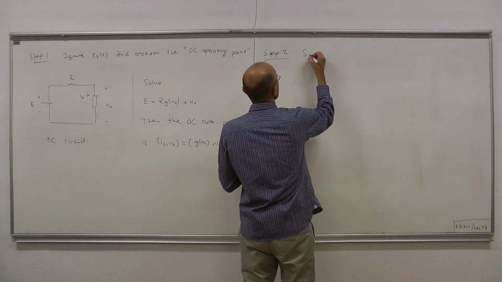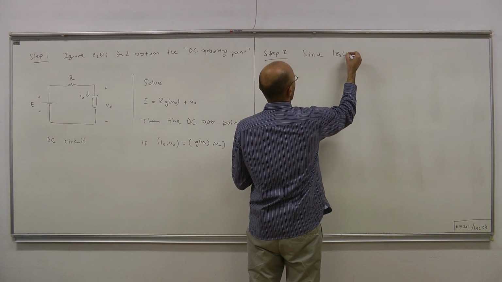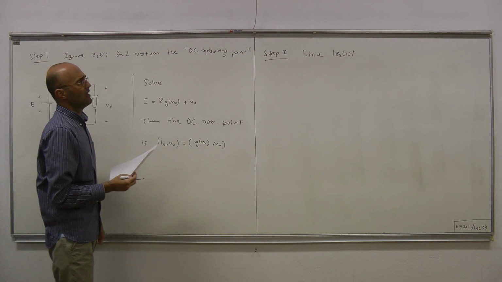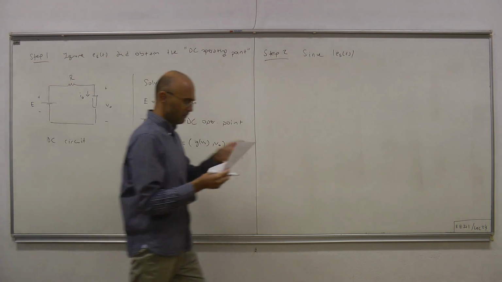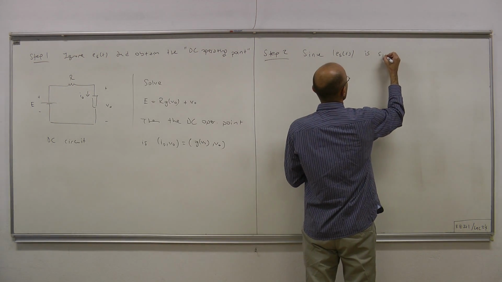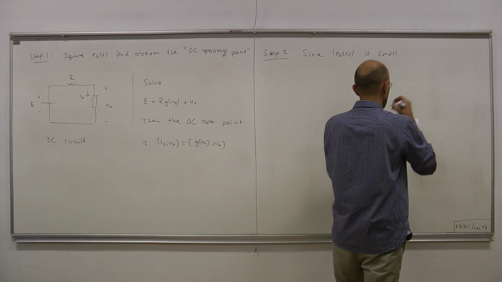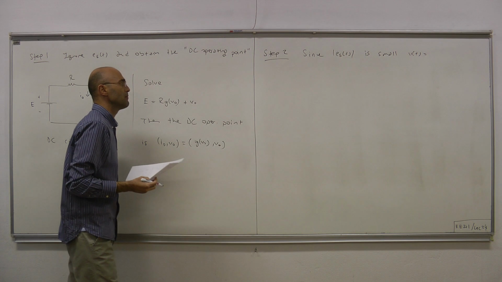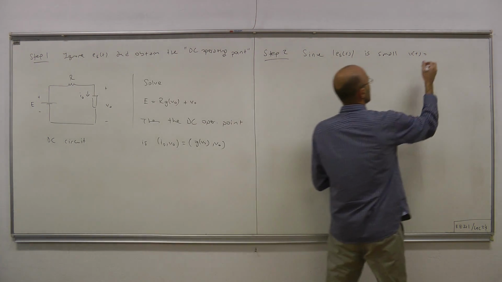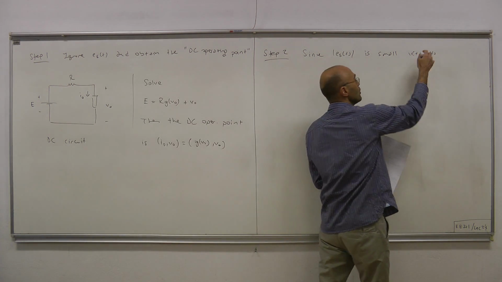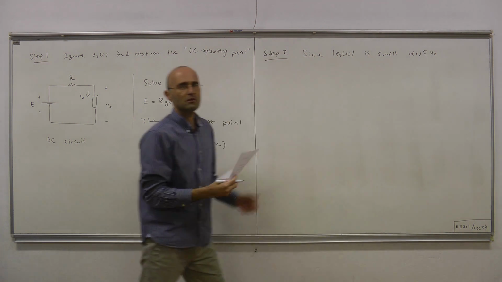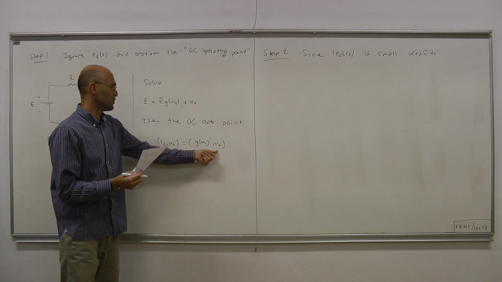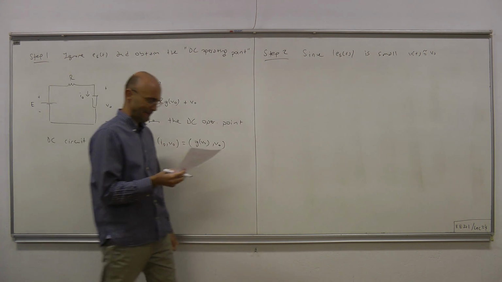Now, since the magnitude of the AC component, ES of t, is at all times small by assumption, V of t, the voltage of the nonlinear element, is not exactly equal, but approximately equal to V0, the constant voltage that we obtained in the first step.